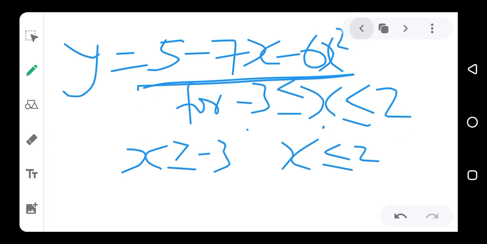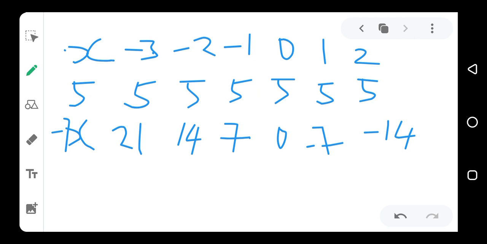Now we go back to our equation. We have minus 6x raised to power 2, so we put a column for that term. For minus 3, it is minus 3 raised to power 2 times minus 6, which gives us minus 54.